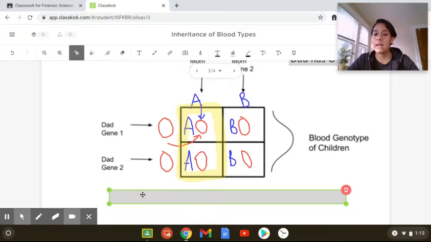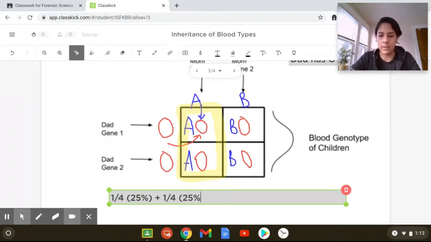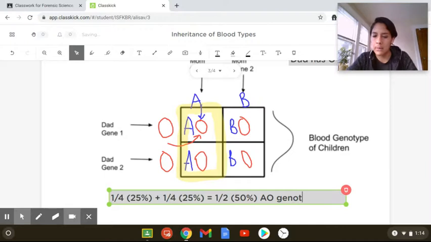So they have an A and an O gene. If I add 1 quarter, which is 25%, plus 1 quarter, which is 25%, that's going to equal 1/2 or 50% chance of having an AO genotype.